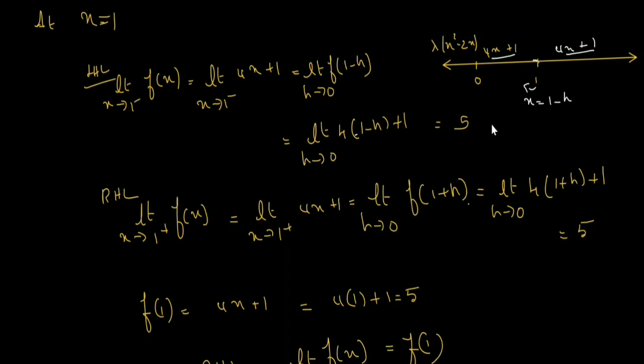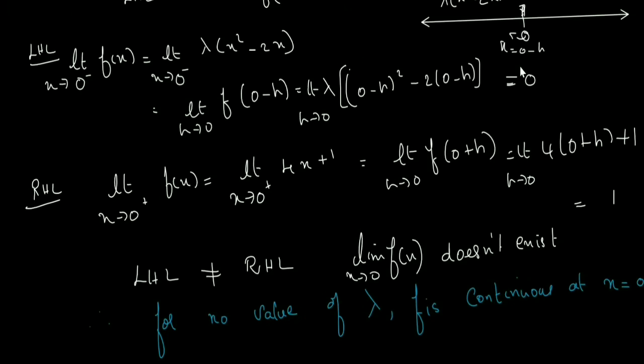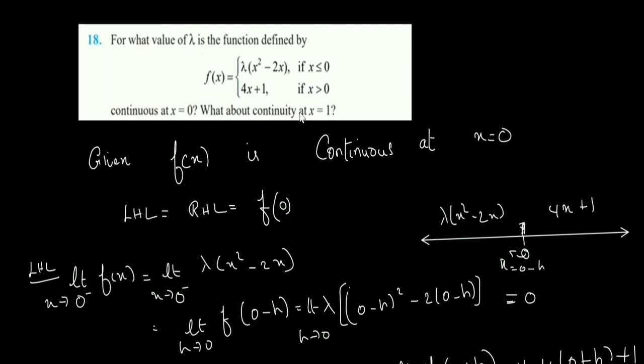What about the value of the function? That is also 4x plus 1, because the function is defined so that for x greater than 0, it is 4x plus 1, and 1 is greater than 0.